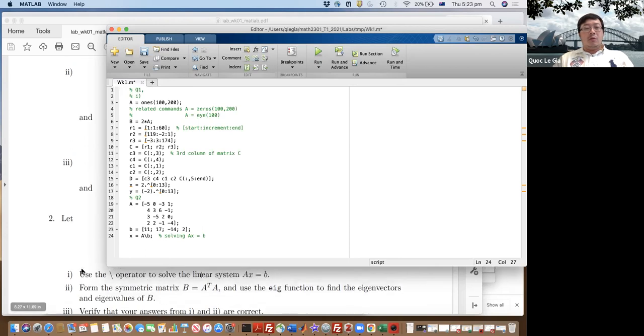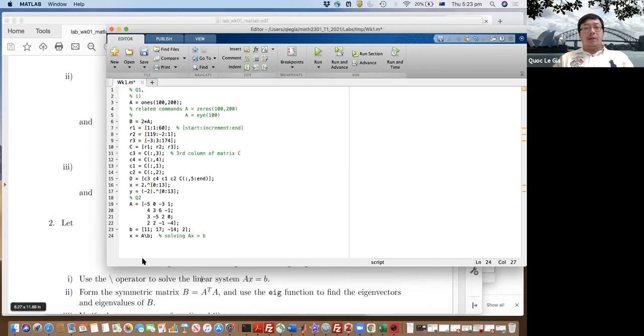Okay, so now we have the linear system, right? So we solve it. This one is part I, yeah.